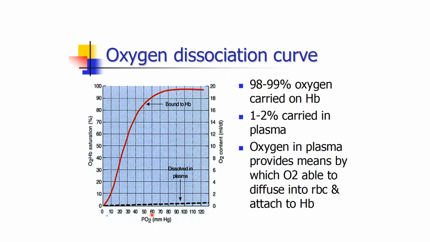So you get relatively small changes of partial pressure for big drops in saturations, and this has implications even for prescription of supplementary oxygen with some of the people that we work with with respiratory disorders.